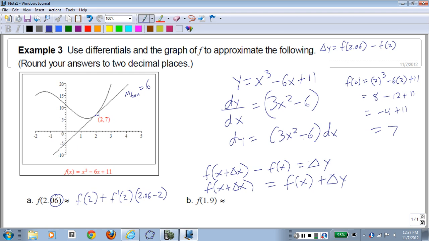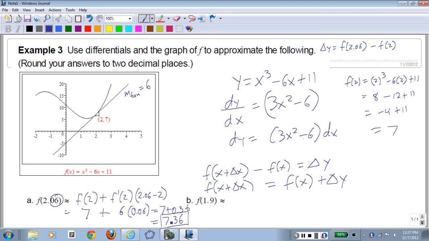So it would seem like we could take f of 2, which is 7, add 6 times 0.06, we would get 7 plus 0.36, and that's 7.36.